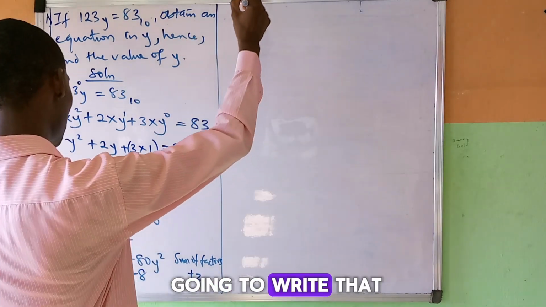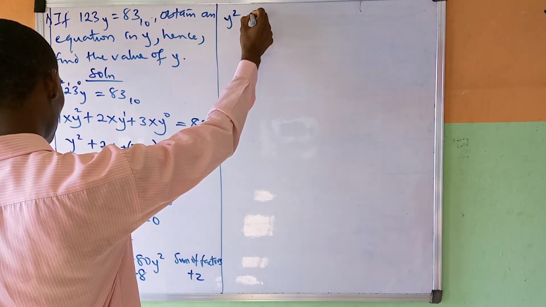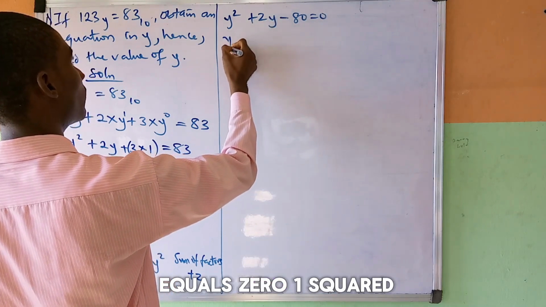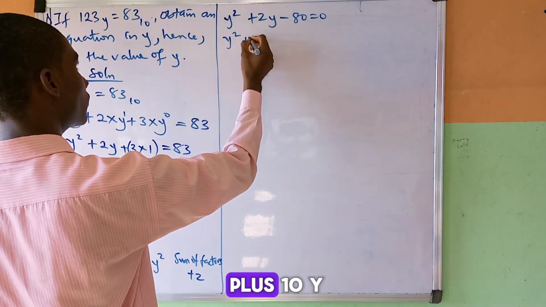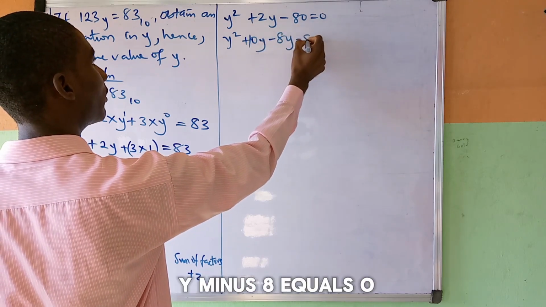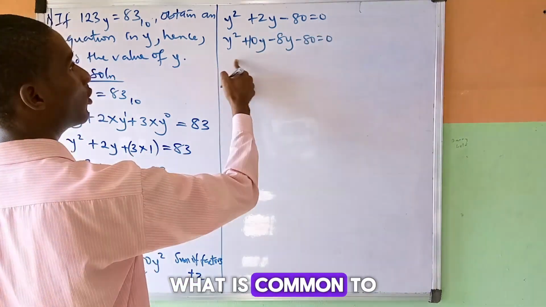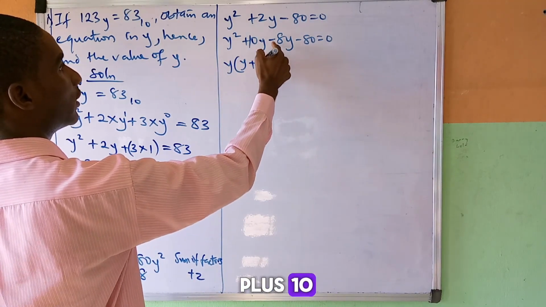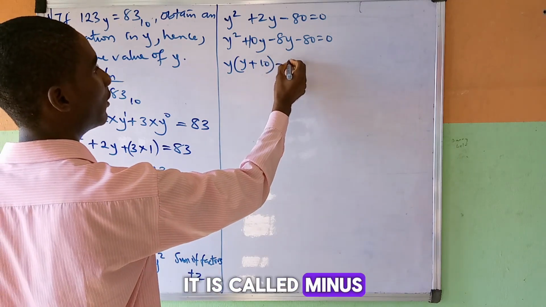So I'm going to rewrite that as y squared plus 2y minus 80 equals 0: y squared plus 10y minus 8y minus 80 equals 0. What is common to this side? y. So y into y plus 10. What is common here? 8 is common.